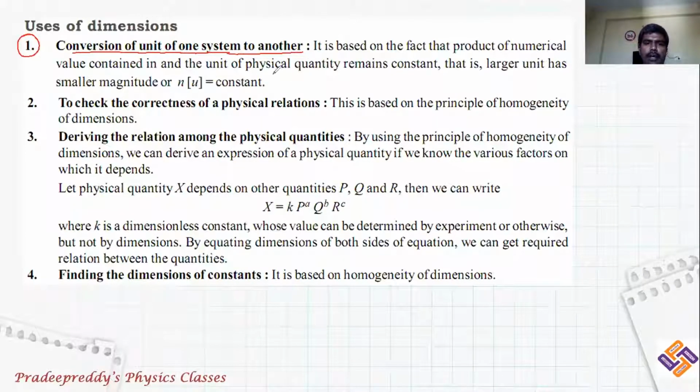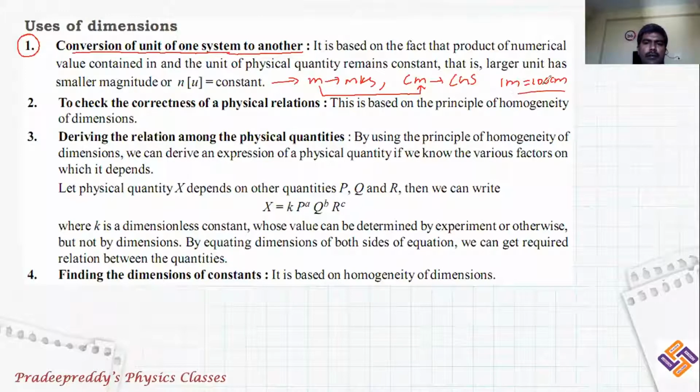Now let me tell you one simple example. See, we have meter, this is in the MKS system. Centimeter, this is in the CGS system. MKS and CGS are two different systems of units of physical quantities. And you can relate meter with centimeter, right? Of course, you know 1 meter is equal to 100 centimeter.